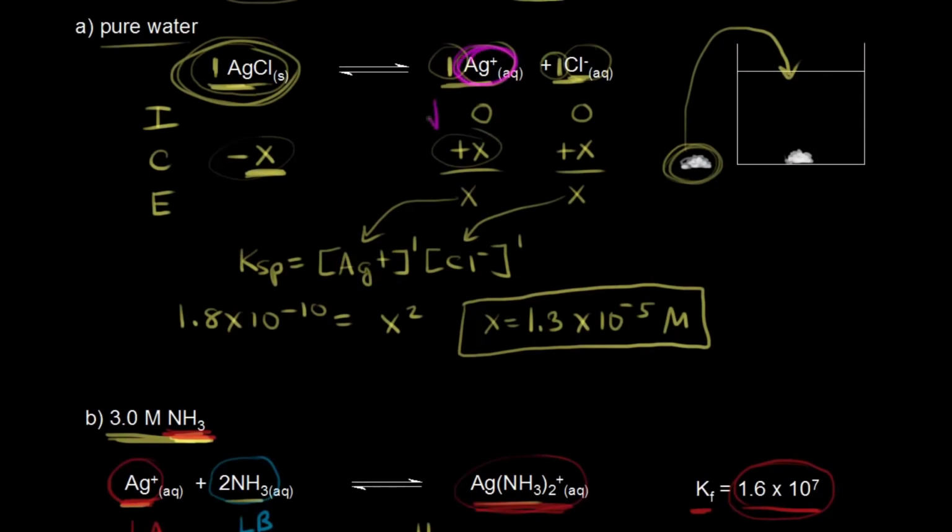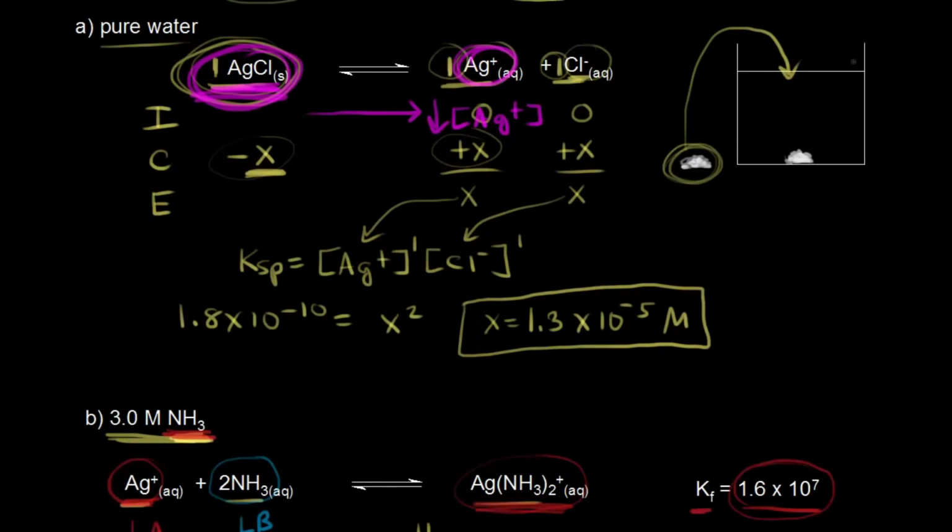So we're decreasing the concentration of one of our products. Le Chatelier's principle says if we're decreasing the concentration of one of our products, our equilibrium is going to shift to the right to make more, therefore increasing the solubility of silver chloride. More is going to dissolve because the ammonia is present, because of the formation of our complex ion.